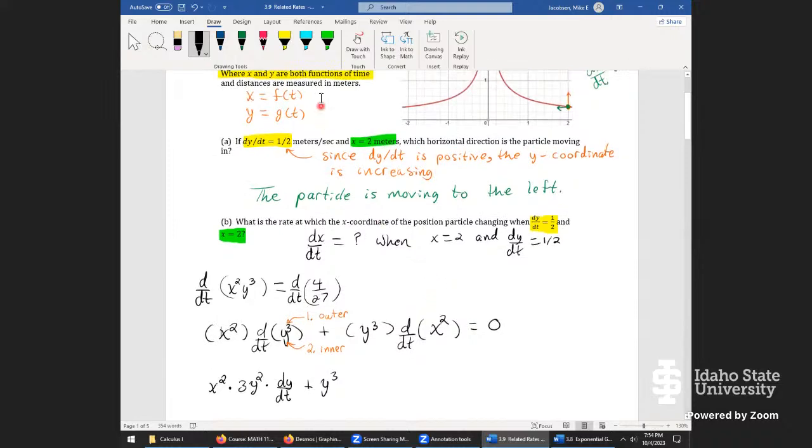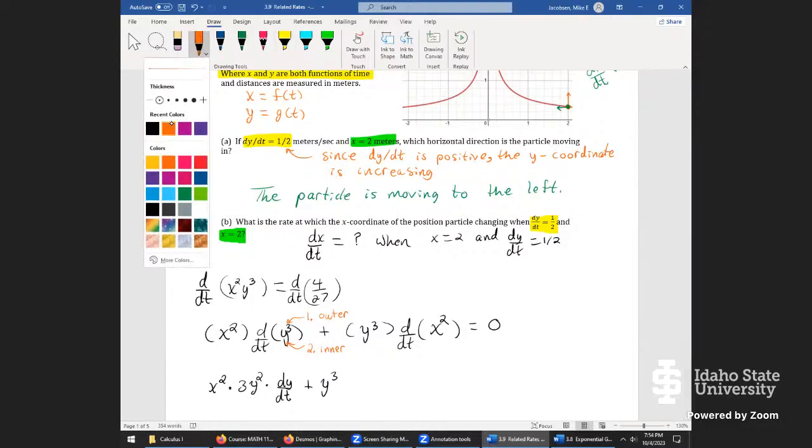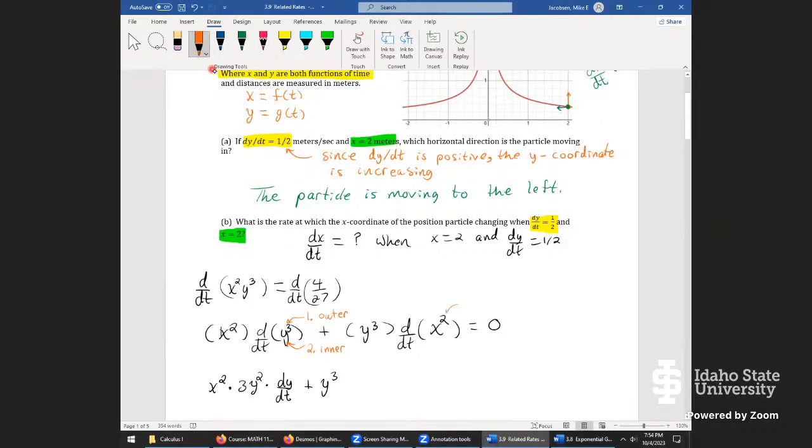Then we go plus, y cubed carries in, and ordinarily you would call this 2x, but not here. This depends on the context. Up by the red dot, we are told that x is also a function of time. So that tells us that the power 2 here is now an outer function, and x, which is really f of t for some unknown function f, that's the inner function too.